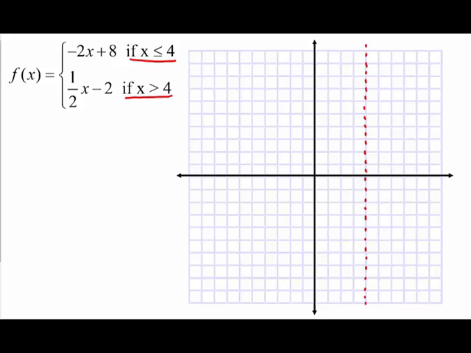And for the sake of this graph, I'm going to put the top part of it in green and the bottom part in blue, just so that it's easy to recognize each of the two functions. So for the top graph, I've got negative 2x plus 8, so my y-intercept is 8. Put a dot there. And I'm going down 2 over 1.